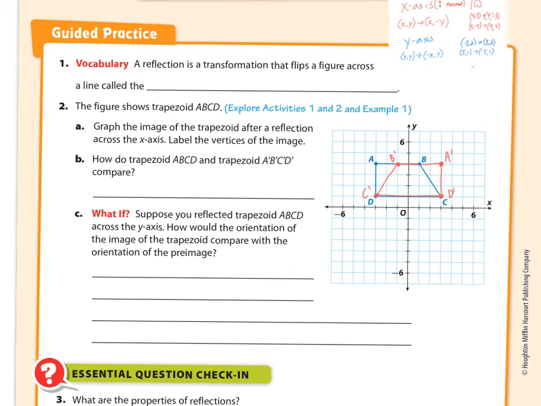The orientation will change. The position will change, but the size and the shape will not. So it should be easy to find congruent sides. If you have triangle ABC, AB is always congruent to A prime B prime, and so on and so forth. So that is our quick run through of reflection.